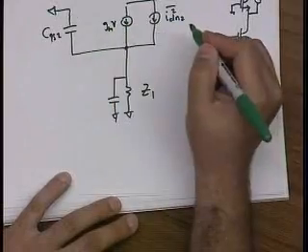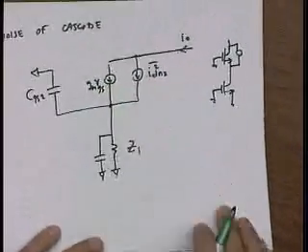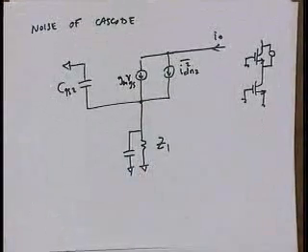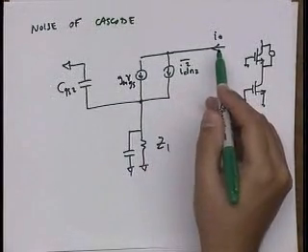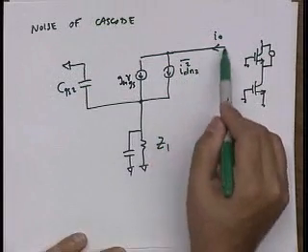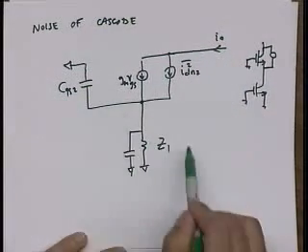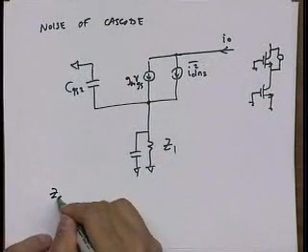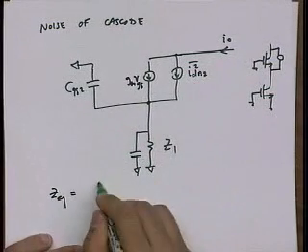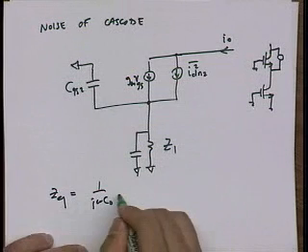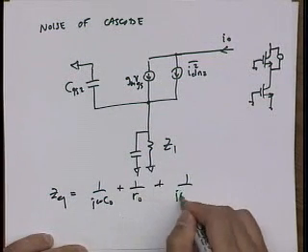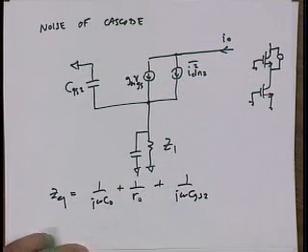This is a simplified equivalent circuit. And what I'd like to do is calculate the total output noise. So the observation is that total output noise actually flows into this impedance. Let's call it Z equivalent. Z equivalent is 1 over j omega C output plus 1 over RO of the device plus 1 over j omega CGS 2 of that device.